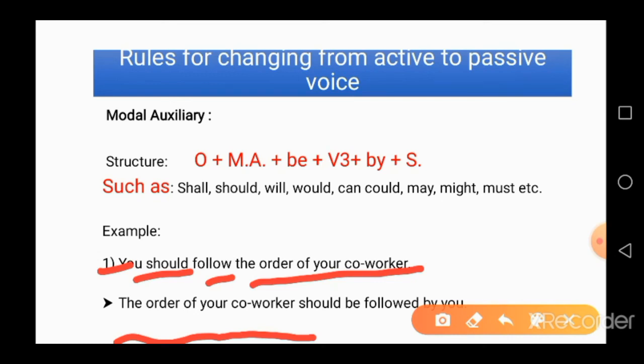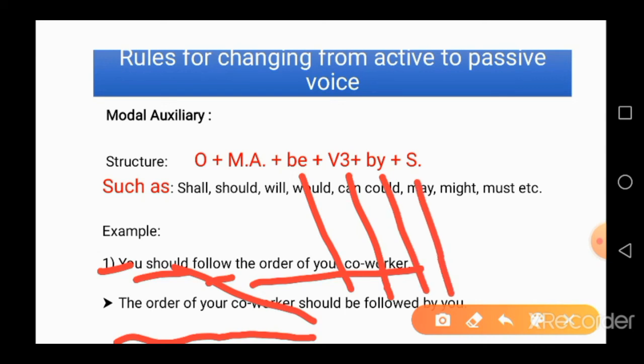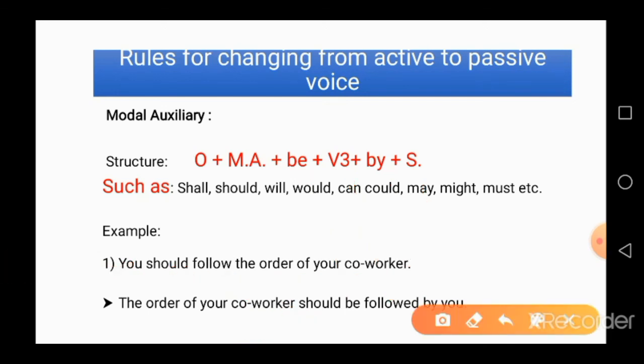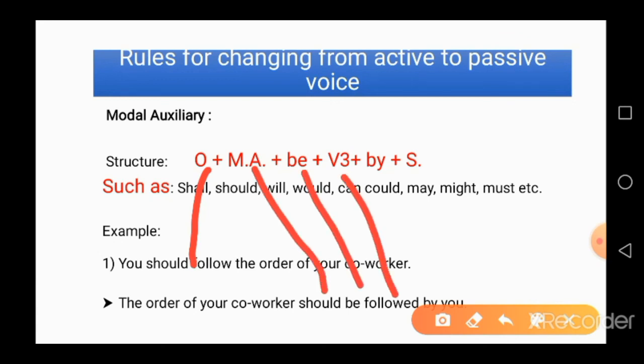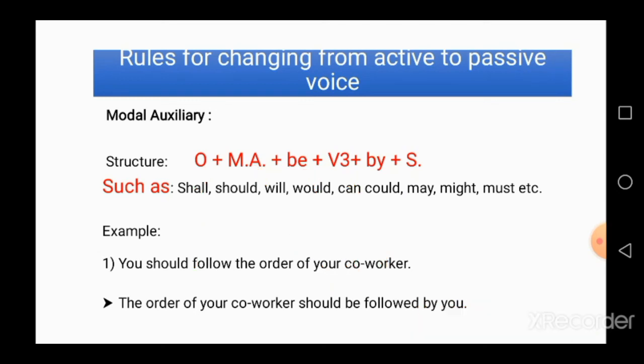Then we take the modal auxiliary and it is should. After should we take be, then the third form of the verb follows, then we take by and then the subject, that is you. So, the passive voice is object, then modal auxiliary, then be, then V3 and then by plus subject. So, this is the passive voice of modal auxiliary indefinite tense.